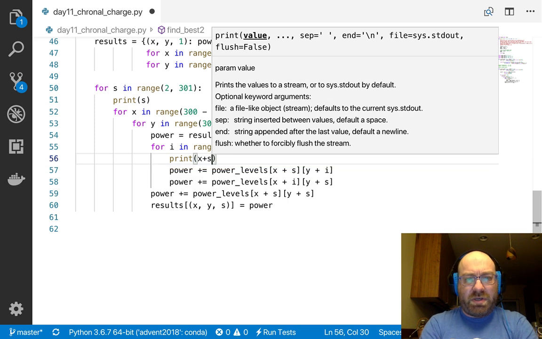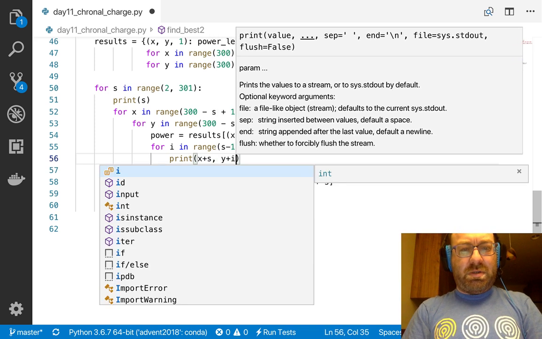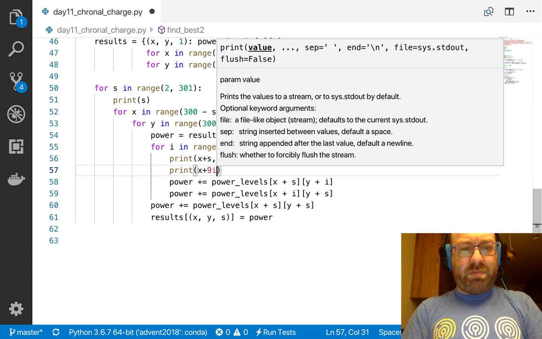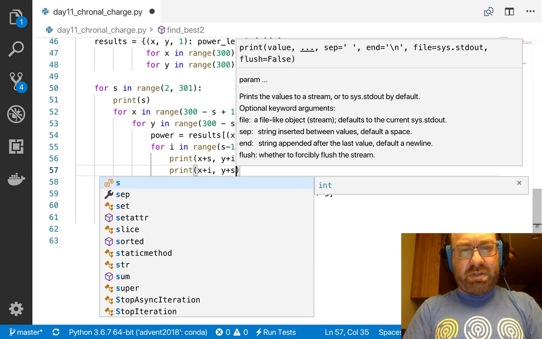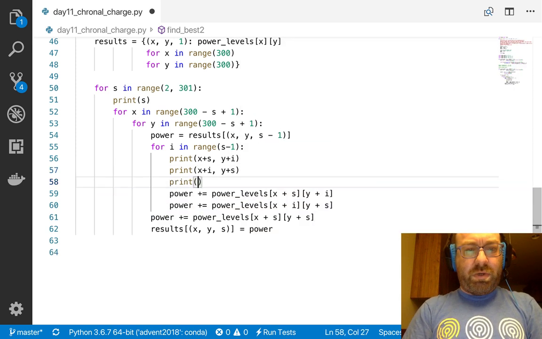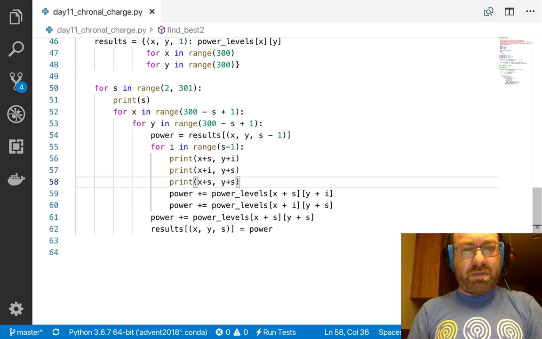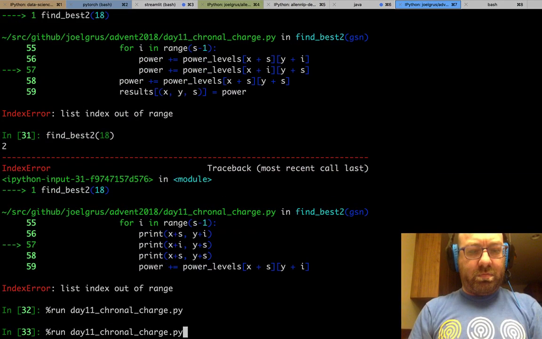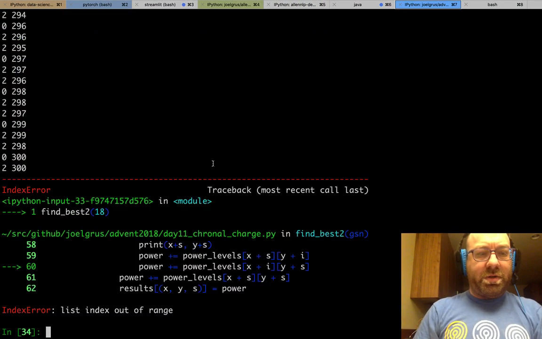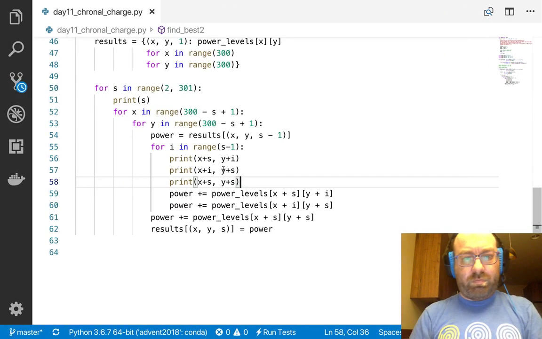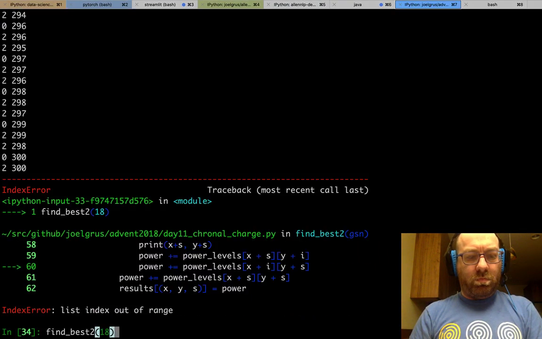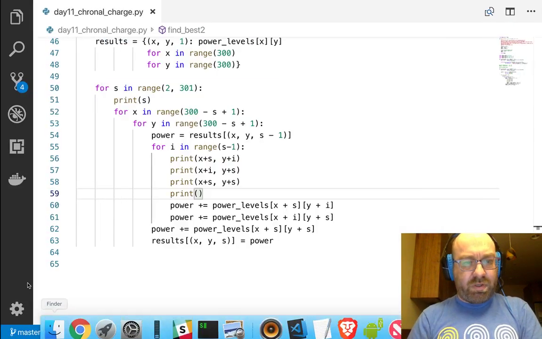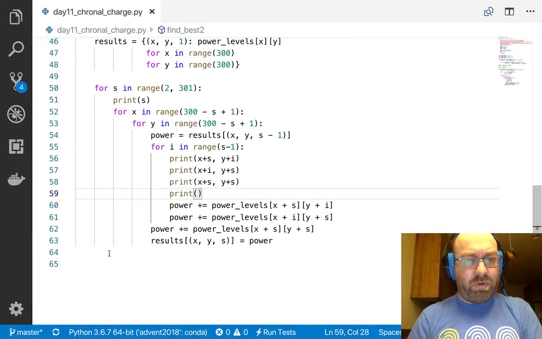Print x plus s, y plus i, print x plus i, y plus s, print x plus s, y plus s, and figure out. So I still get this. Let me just do this, and then I don't know what happened there.